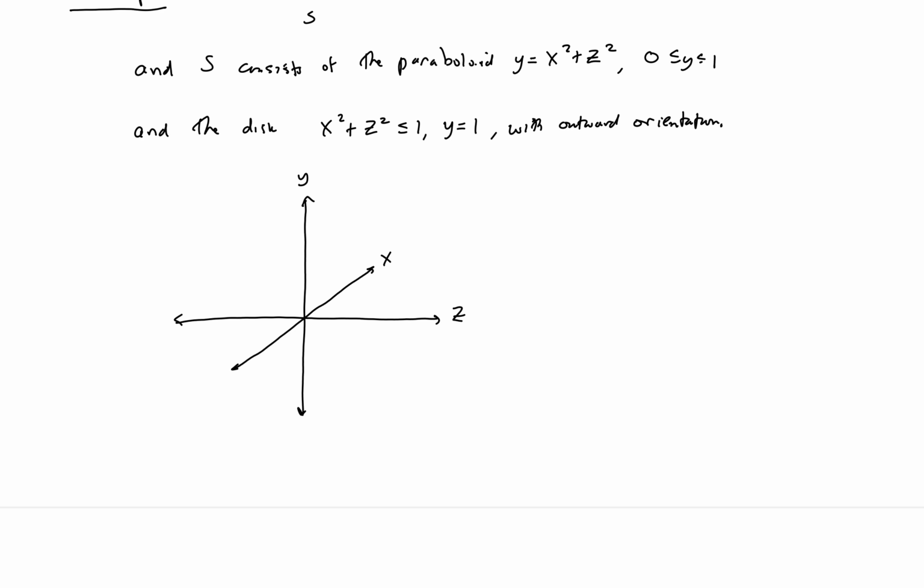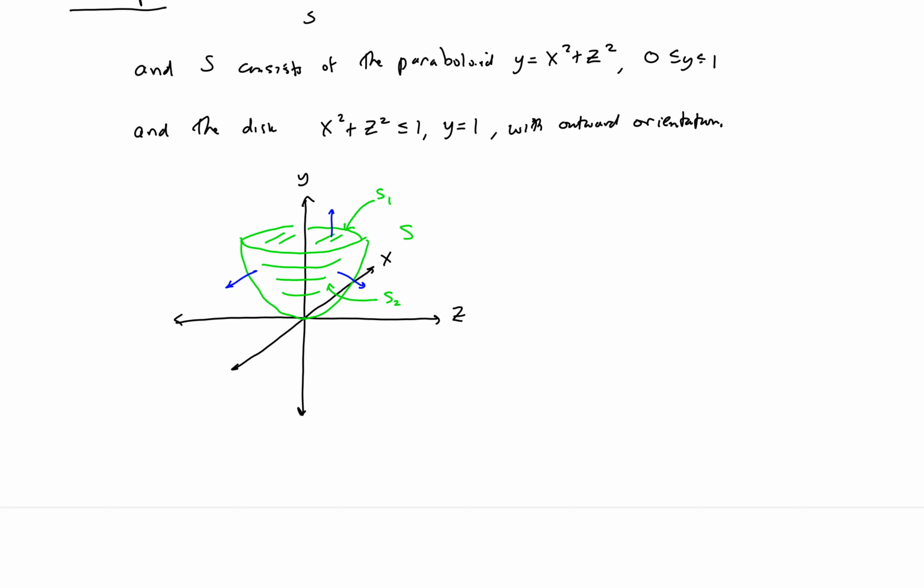And so our paraboloid opens up like this, goes up to y equals 1, and then we have the surface on the top and the surface on the sides. And since we're going outward, our normal vectors look like this. So this is our surface S overall, but let's call the top surface S1 and the side surface S2.